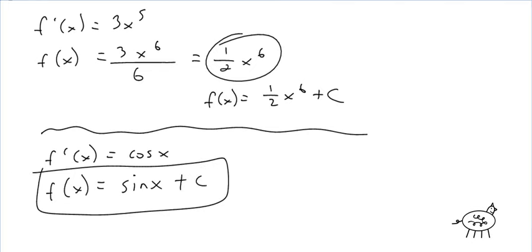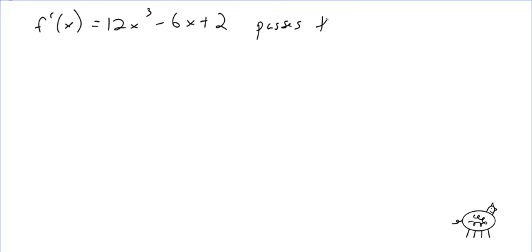Okay, so the last one, just a little more difficult. If I tell you f prime of x equals 12x cubed minus 6x plus 2, but I also tell you it passes through (1, 5), what that's going to allow us to do is find the value of c.